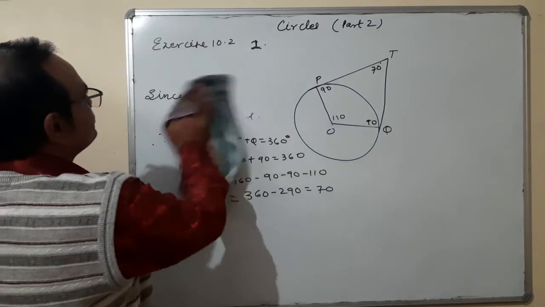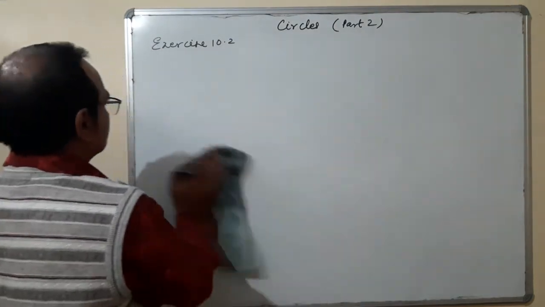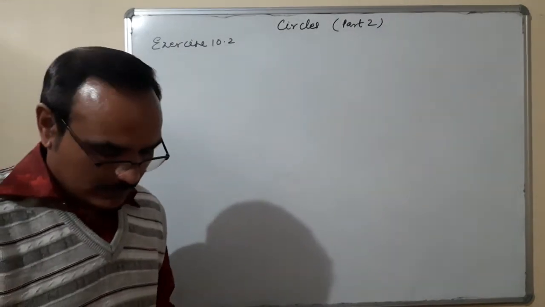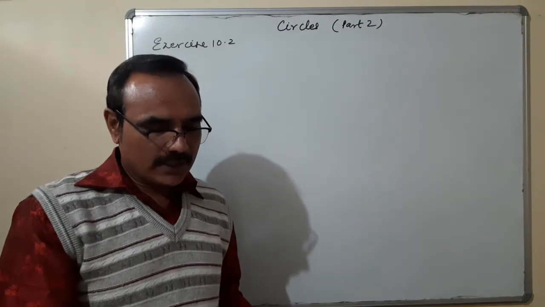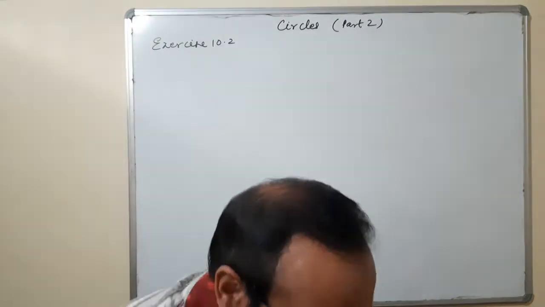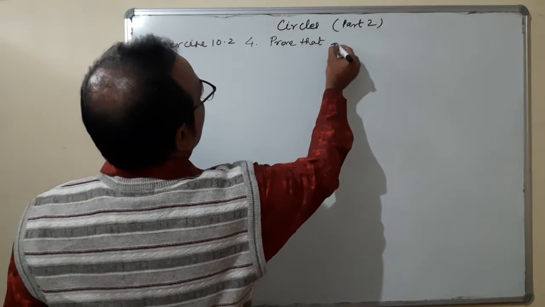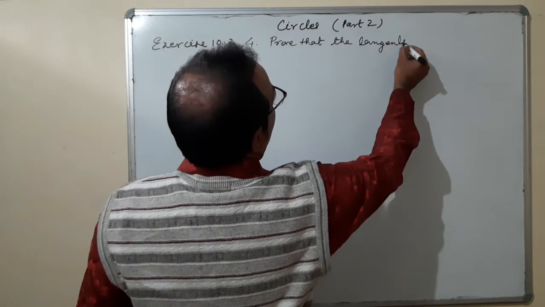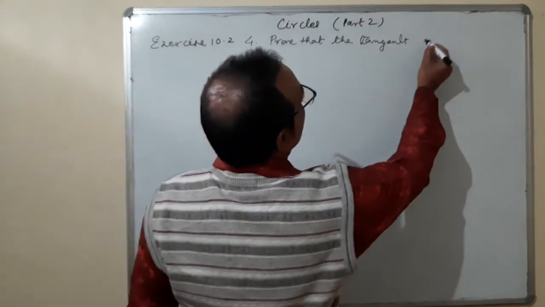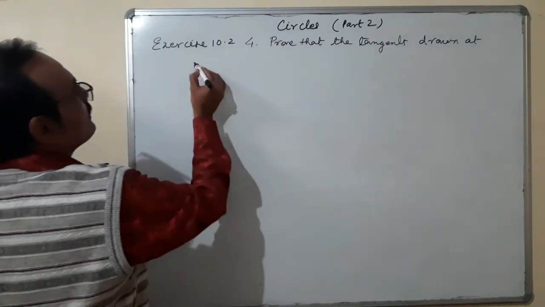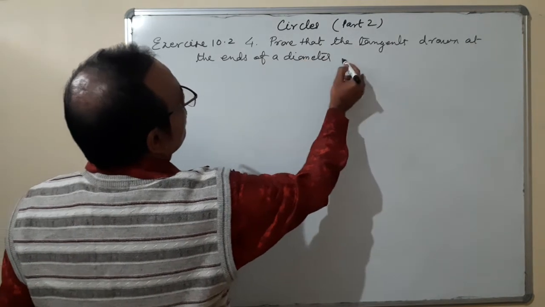Now I am coming to question number 4. Prove that the tangents drawn at the ends of a diameter of a circle are parallel.